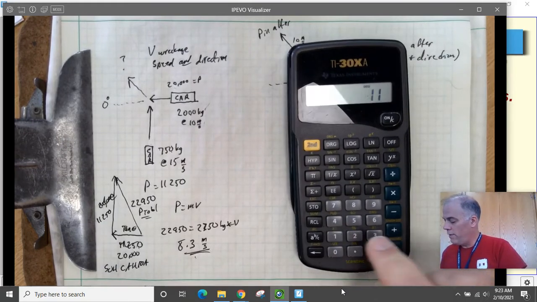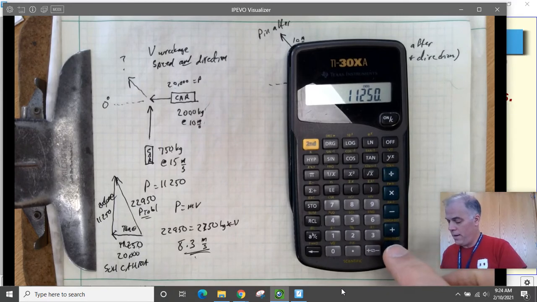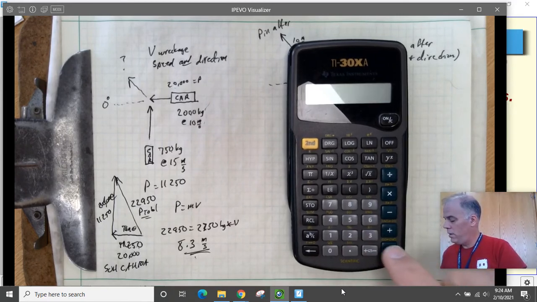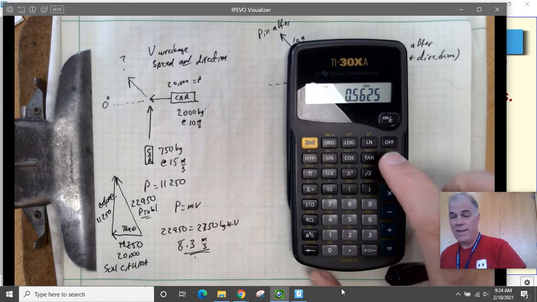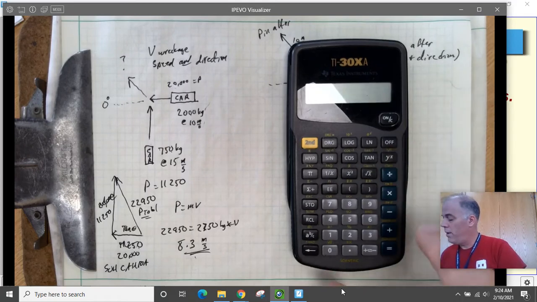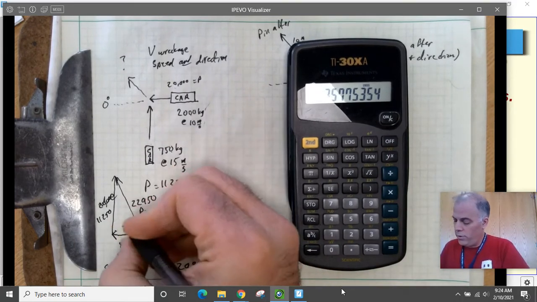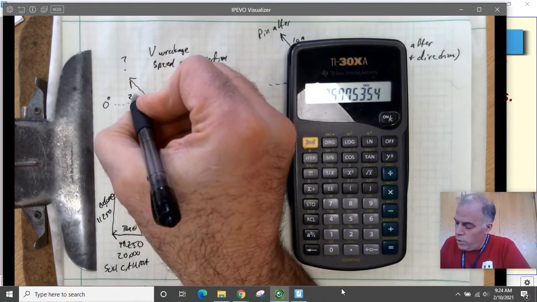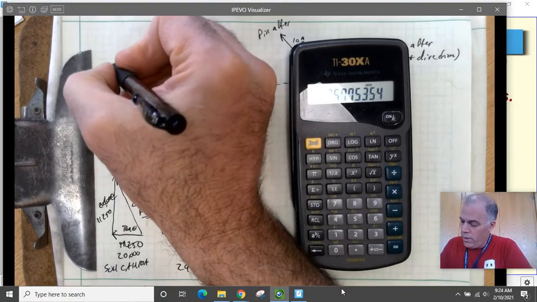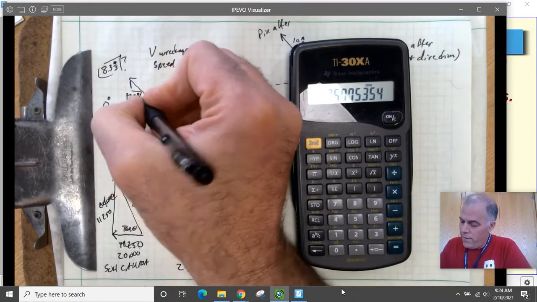So we're going to do 11,250 divided by 20,000 equals the tangent of the angle, so we need to take the inverse tangent of this number, which comes out to be 29 degrees. So this angle here is going to be 29 degrees, and the speed is going to be 8.3 meters per second. Okay, and that's our answer.